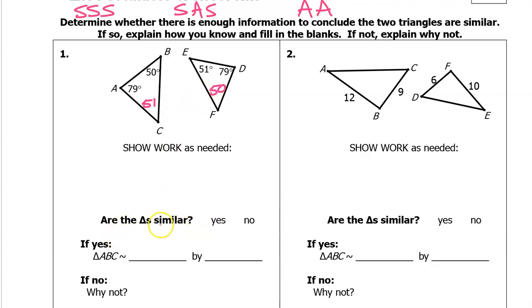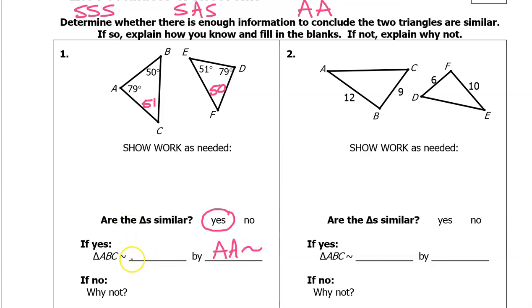So this is enough to prove that the triangles are similar, yes, because angle-angle means that you have to have two pairs of congruent angles to prove that the triangles are similar. And here we have three pairs of congruent angles, and we only needed two. So the triangles will be similar by angle-angle similarity.